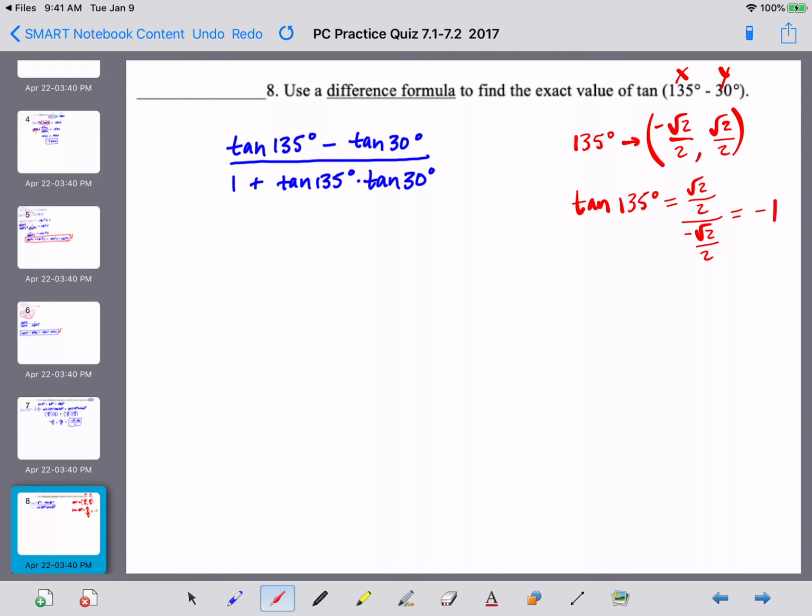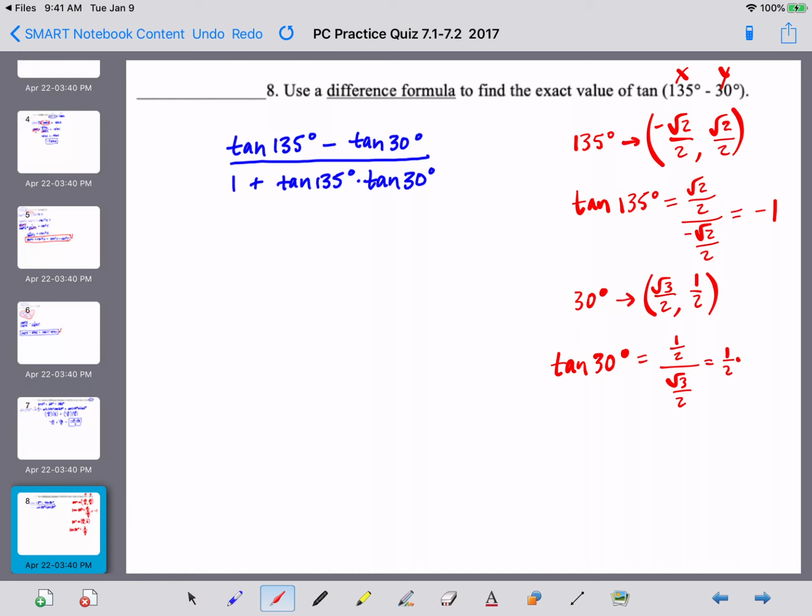All right, and then 30 degrees matches up with the point root 3 over 2, 1/2. So tangent of 30 is, again, y over x. So if you do a half over root 3 over 2, I'm going to flip this.